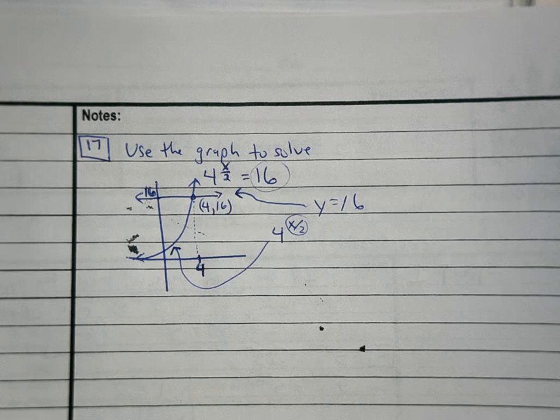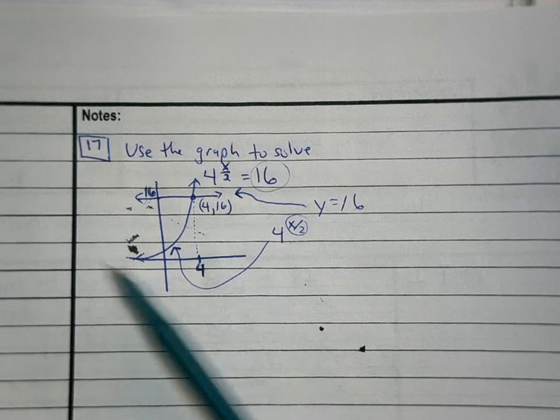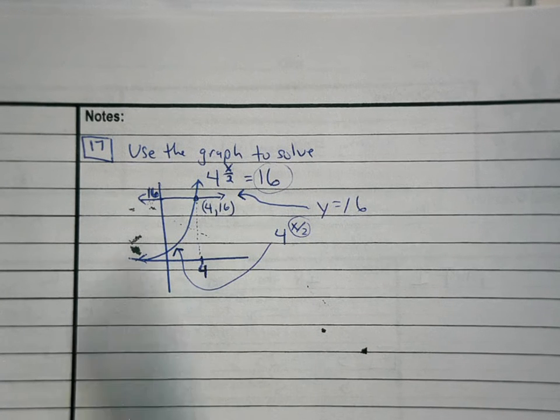Where are they the same? Where is this graph the same as this graph? Where's the solution? Do you know? If you know, tell the person you're sitting next to, because they're a safe person to talk to. Go ahead.